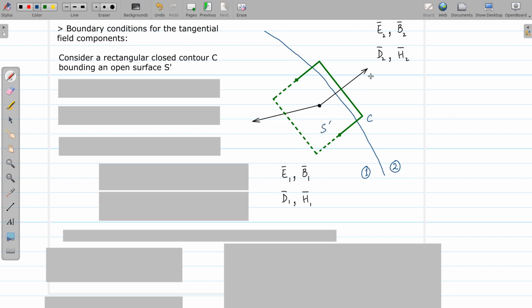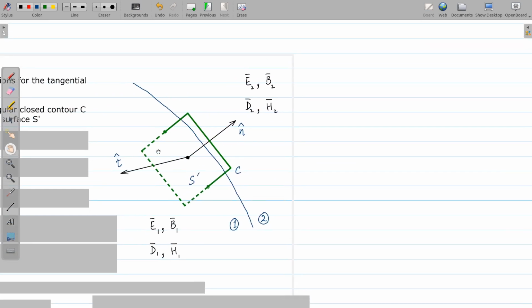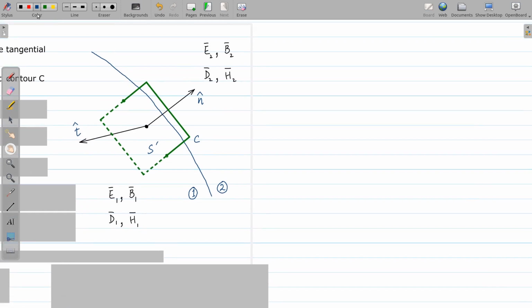So now you see there are again two directions here. One direction is the normal direction, and this one is the tangential direction, because this is along the surface, parallel to the surface, and the other is perpendicular to the surface. So let's say this is the medium, and then I consider a field, electric or magnetic field.